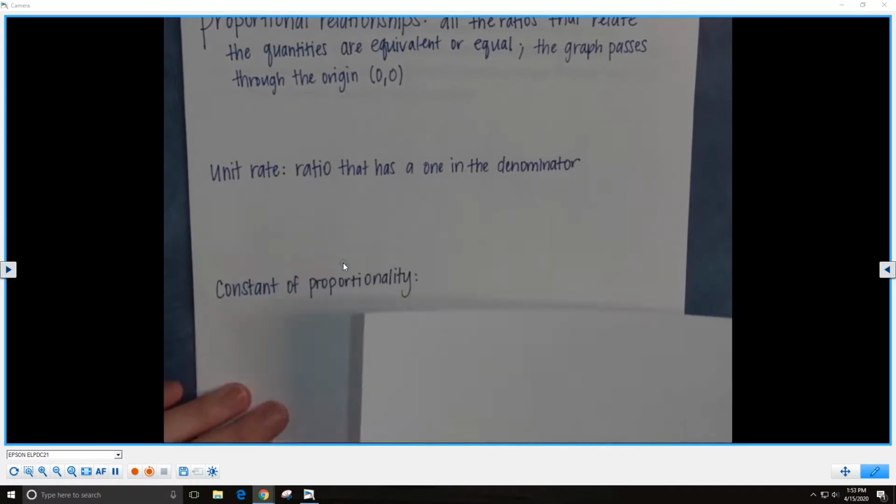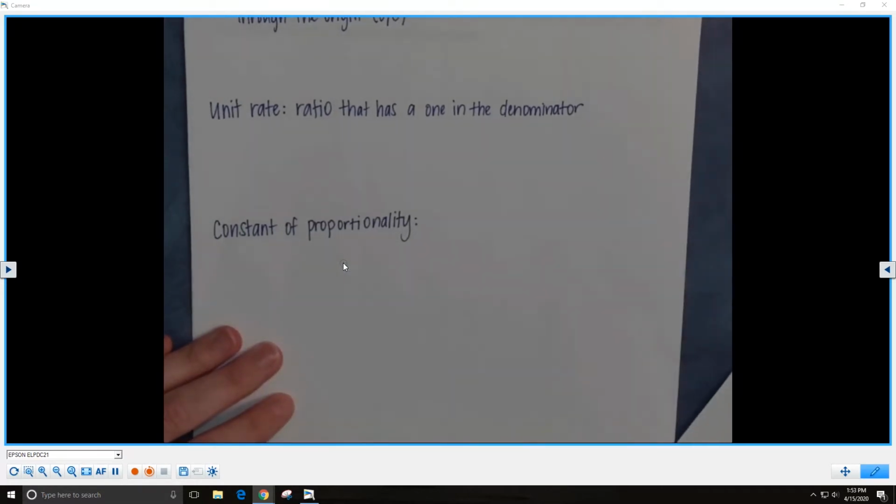Okay, so here's the last one. What do you remember about constant of proportionality? Write down your thoughts.